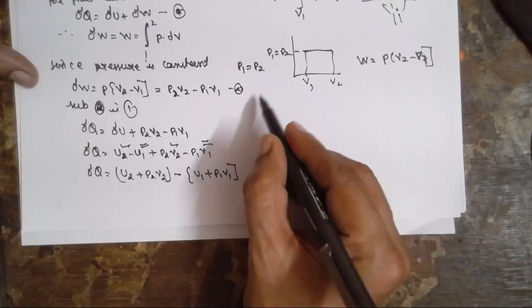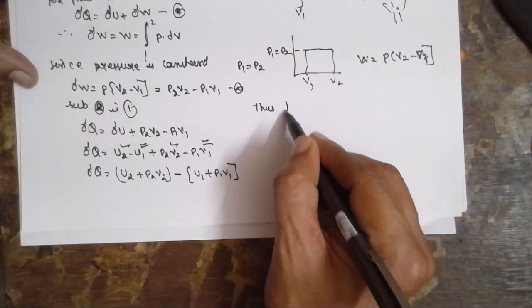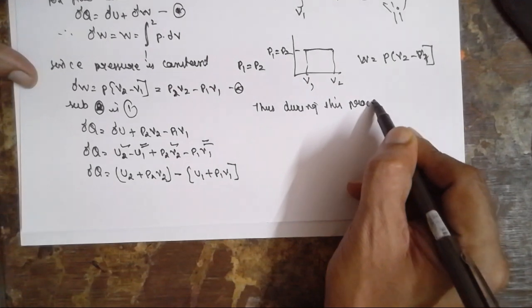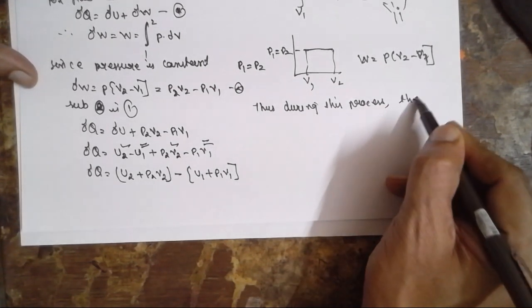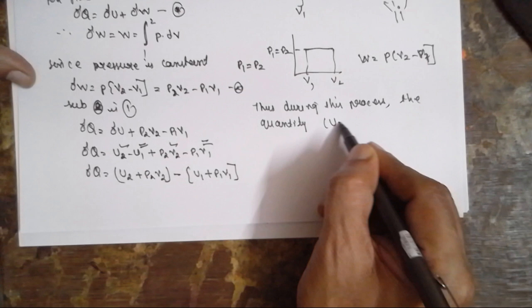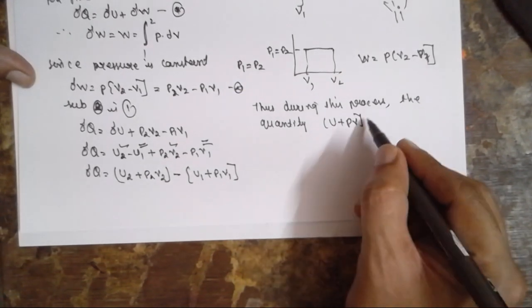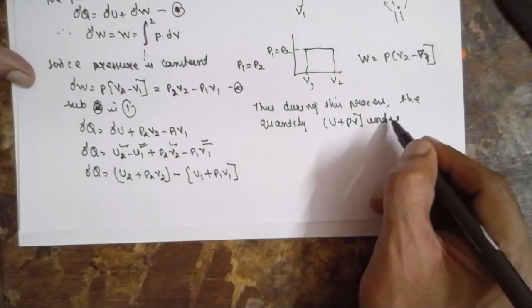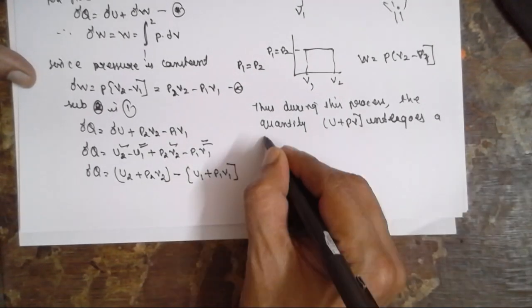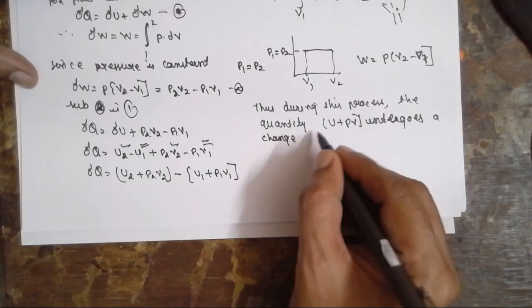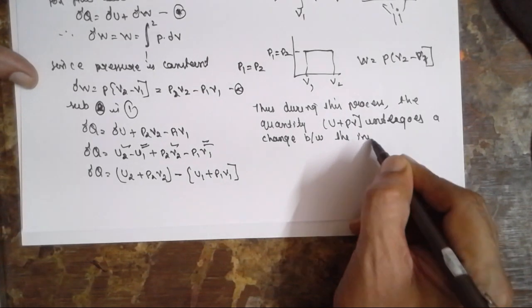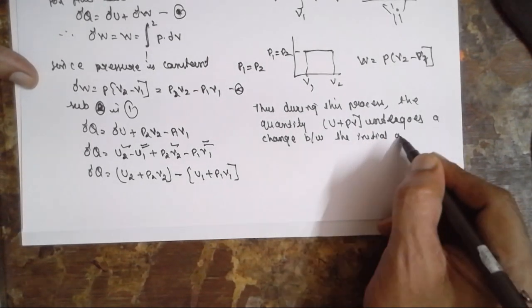Thus, during this process the quantity U plus PV undergoes a change between the initial state and final state.